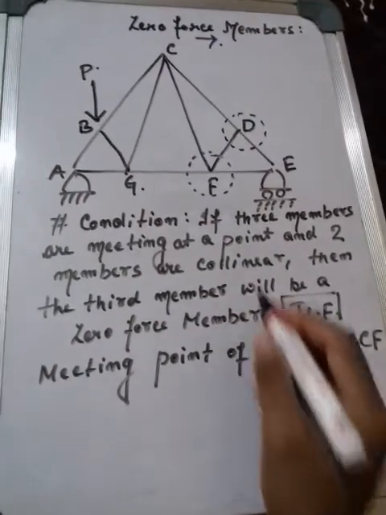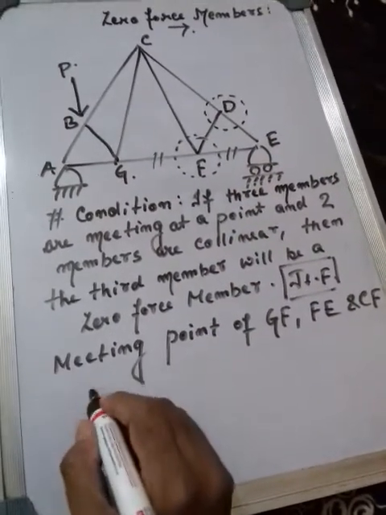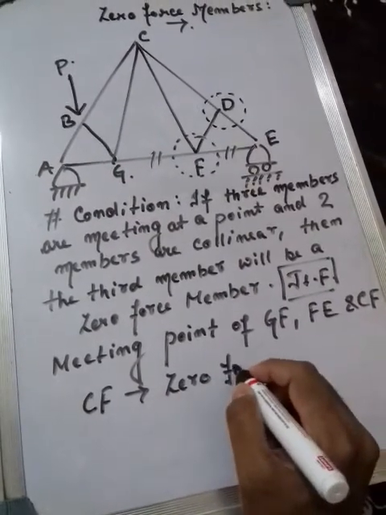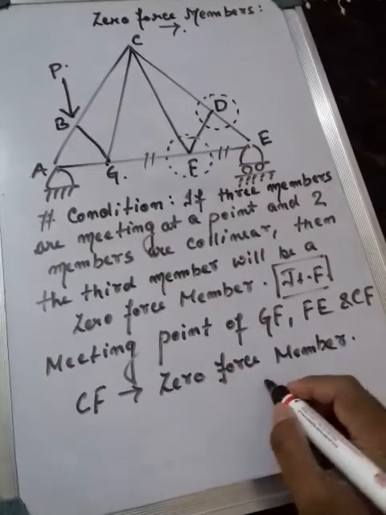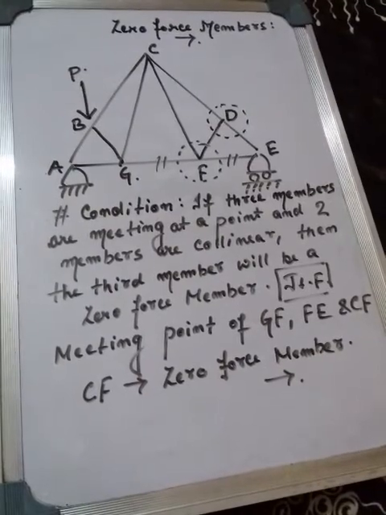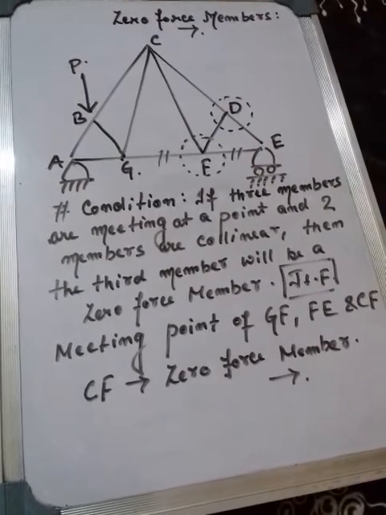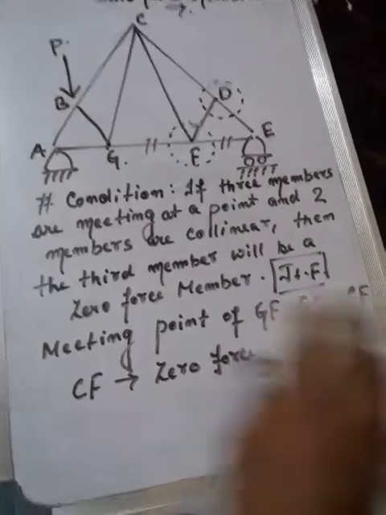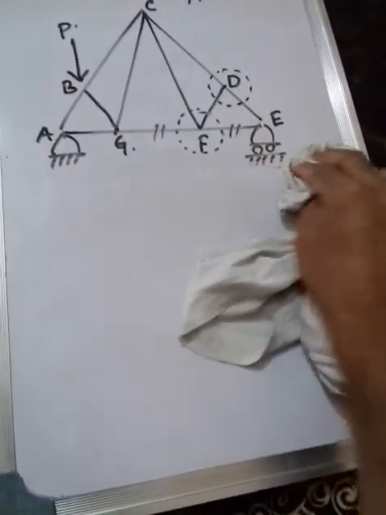Now you see GF and FE are collinear members, so the third member, CF, must be a zero force member. I hope it is clear to all of you, right? Now let us see mathematically, by applying the equilibrium condition, how it can be done.